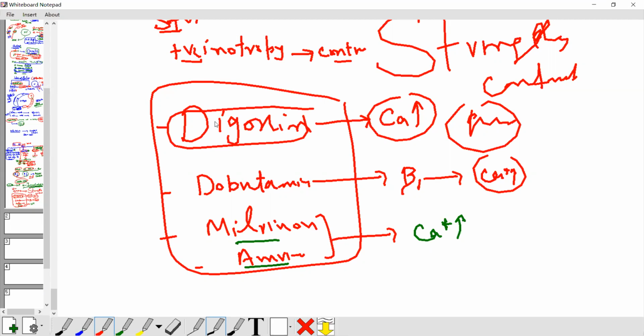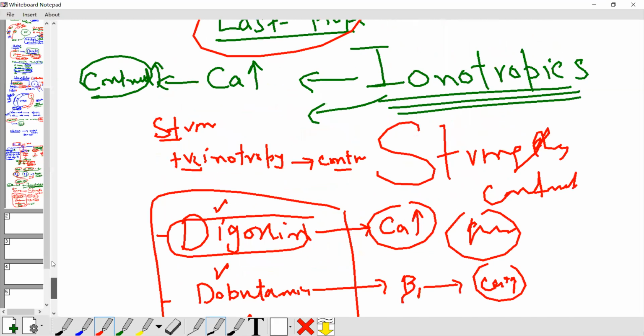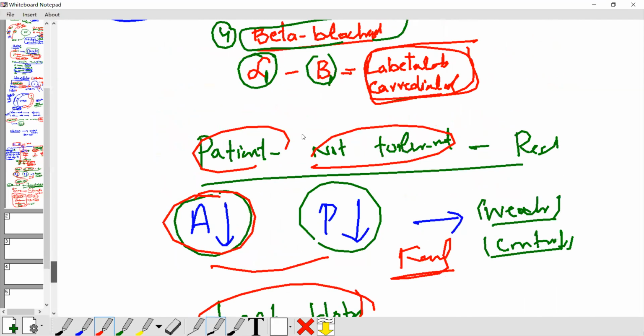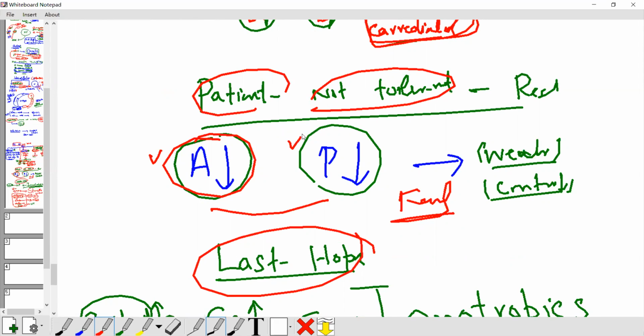We do not directly start therapy with digoxin, dobutamine and milrinone. First we try to reduce afterload and preload by blocking the RAS system, by blocking aldosterone, by blocking angiotensin 2, by blocking the sympathetic system. Clear?